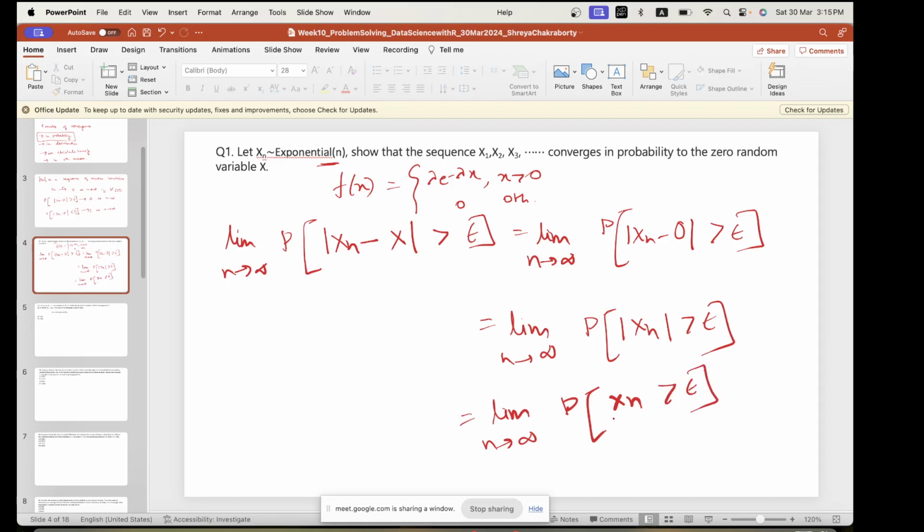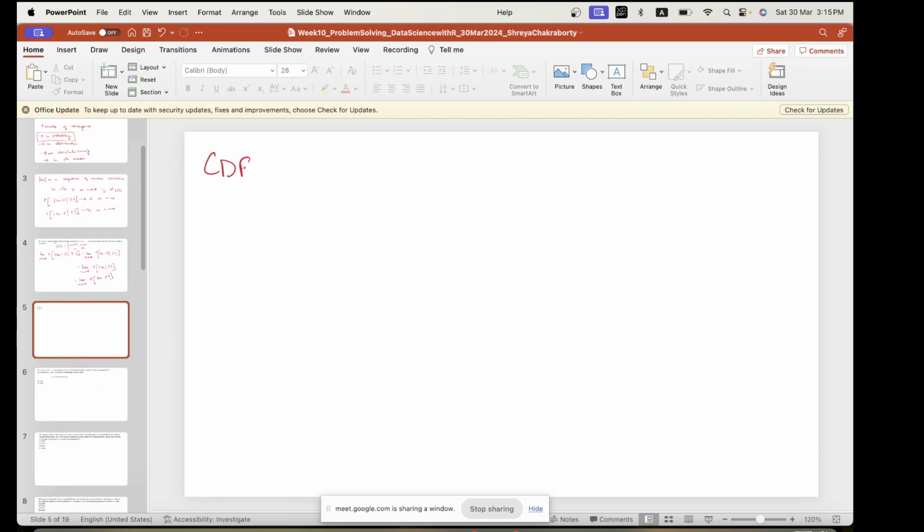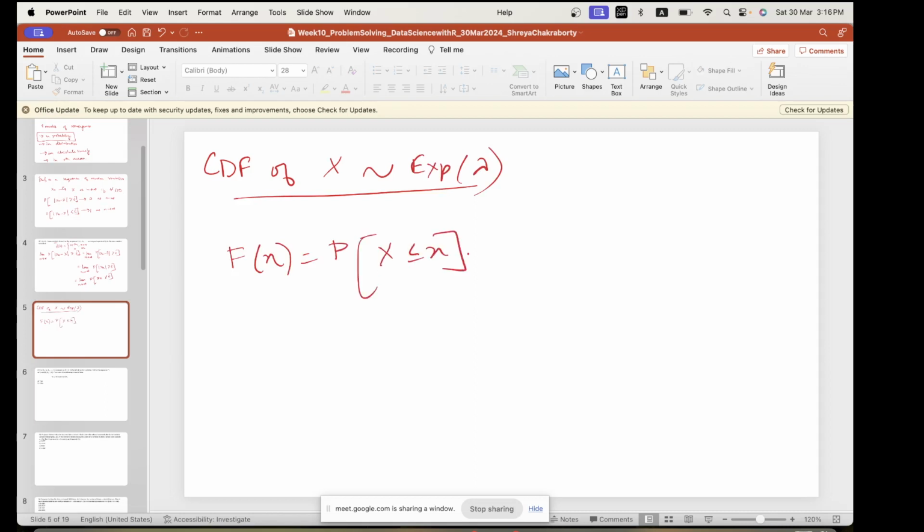Now, probability Xn greater than epsilon. We know the CDF of X, which follows an exponential distribution with parameter lambda, is probability X less than or equal to x equals 1 minus e to the power minus lambda x, where x is greater than 0 and 0 otherwise.